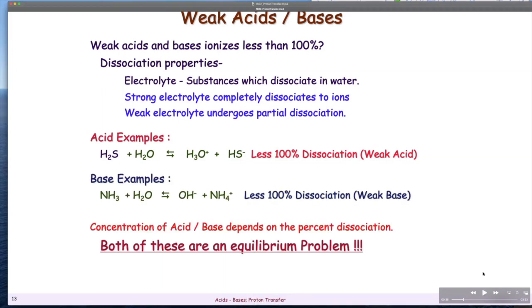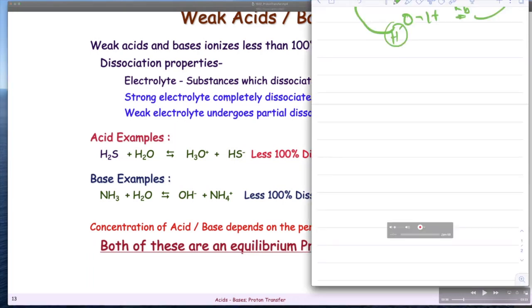So again, here is an extension of this slide. With less than 100% dissociation, you have a weak acid or weak base, and both are equilibrium problems. Let me just make sure you understand.